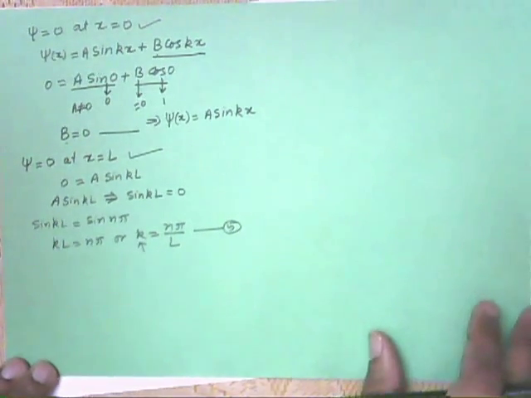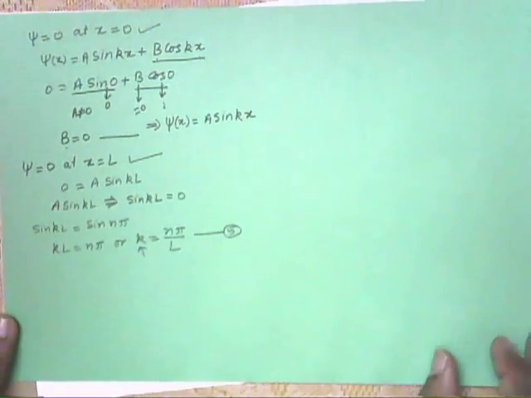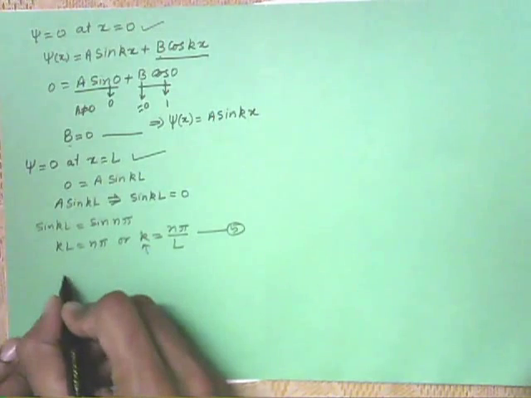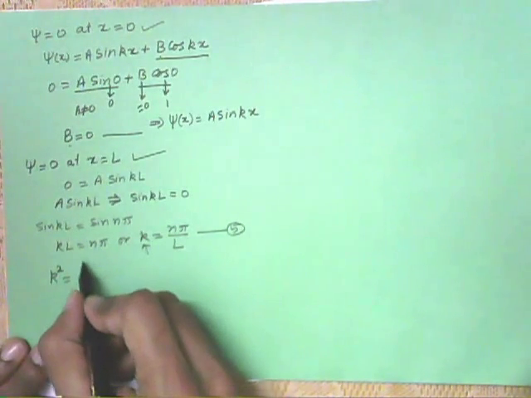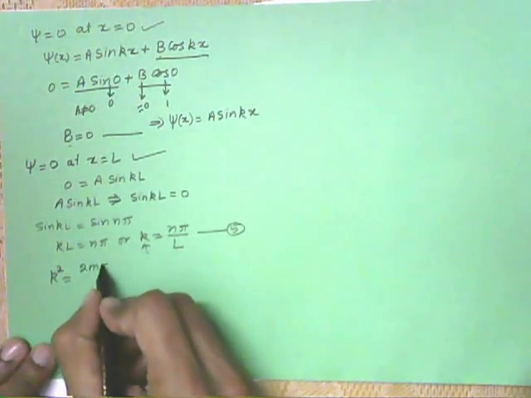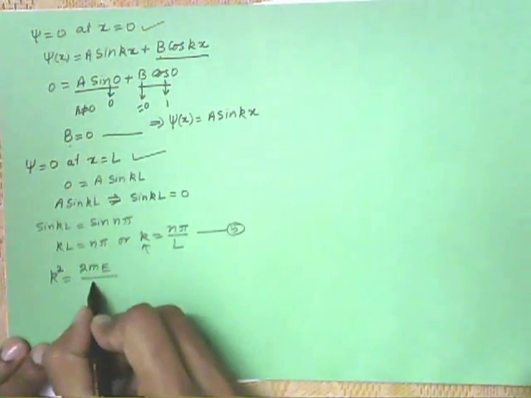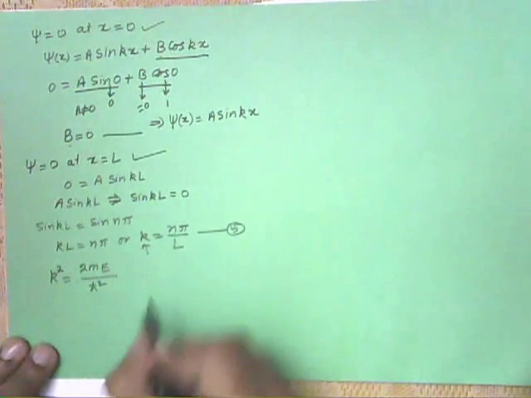Now put the value into this. We have written already k square is equal to 2mE upon h cross square.